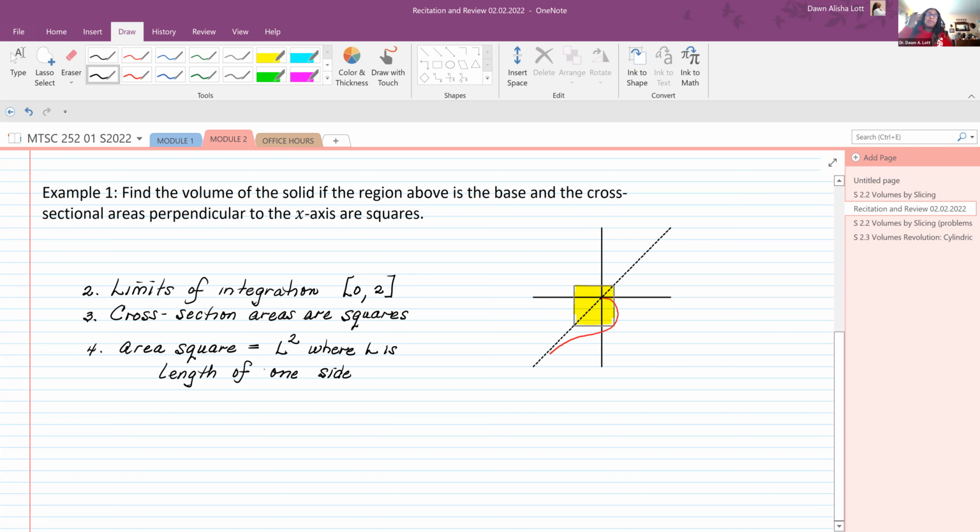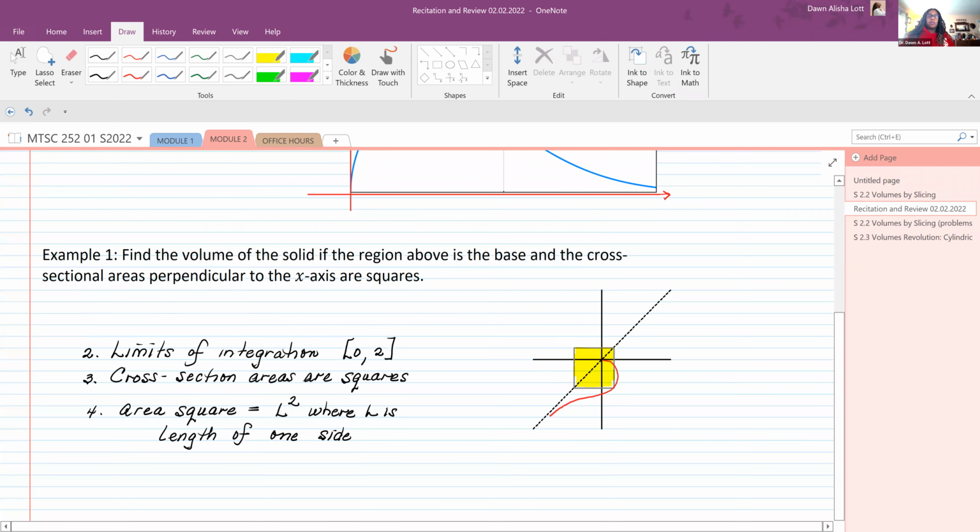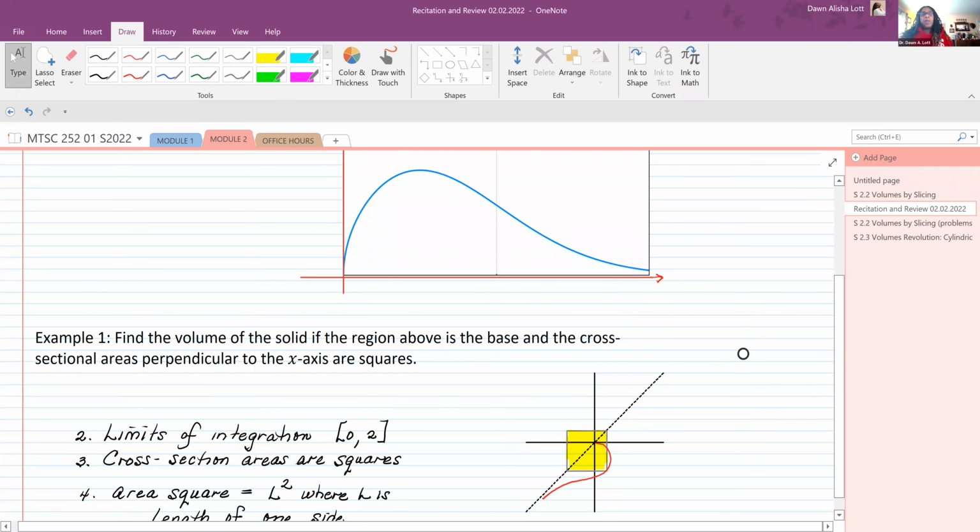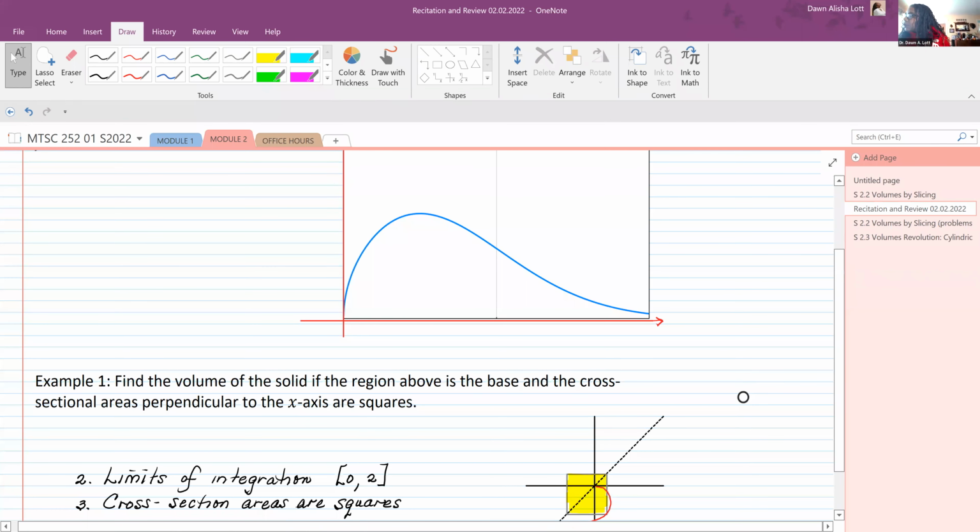Okay, so now I need to find it for this particular problem. If you remember, we have squares that are standing up outside of it. So I can pick any X. So here's X. And you have to think of this thing as if it's standing out of the page. That's why I drew it like that.